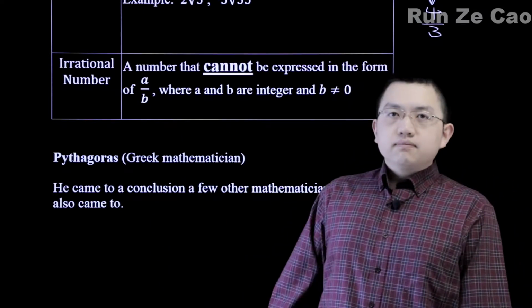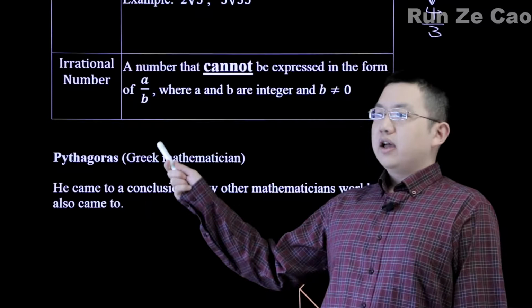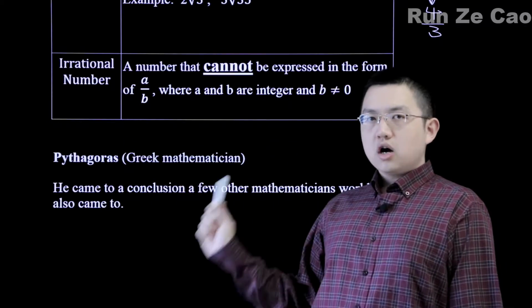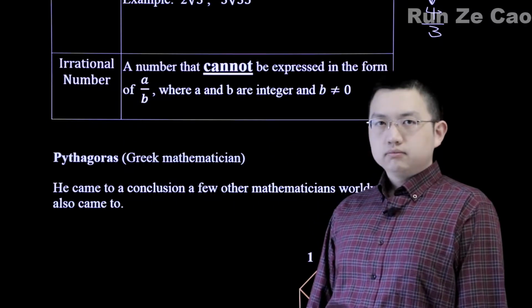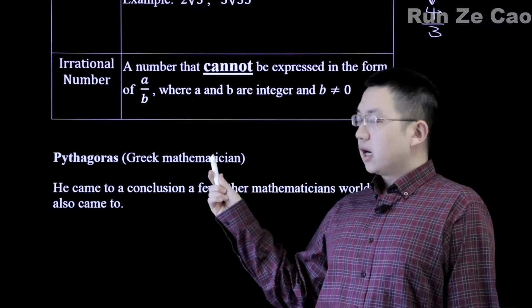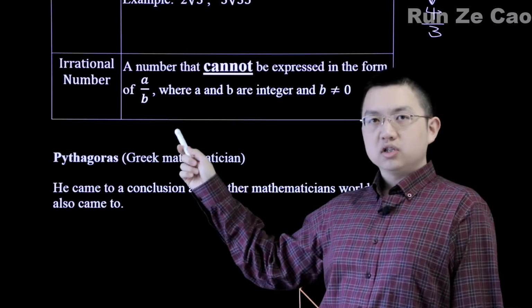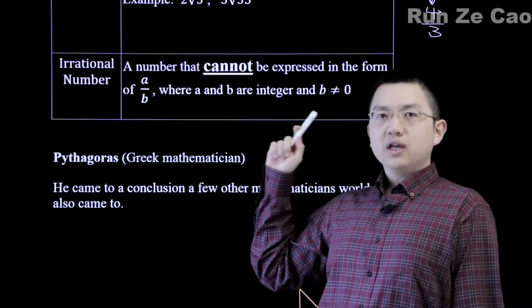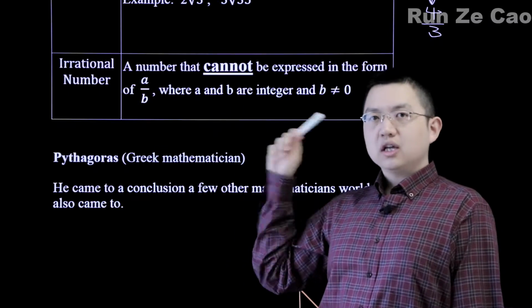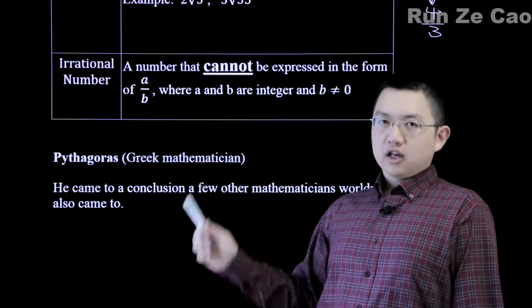What this means is that you have an infinitely long, non-repeating decimal, because if you have two integers dividing one another, you will inevitably, eventually get a repeating decimal.